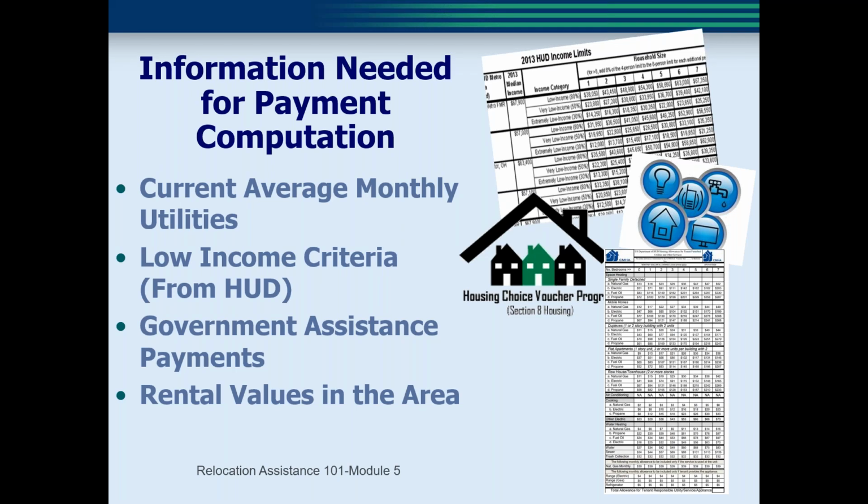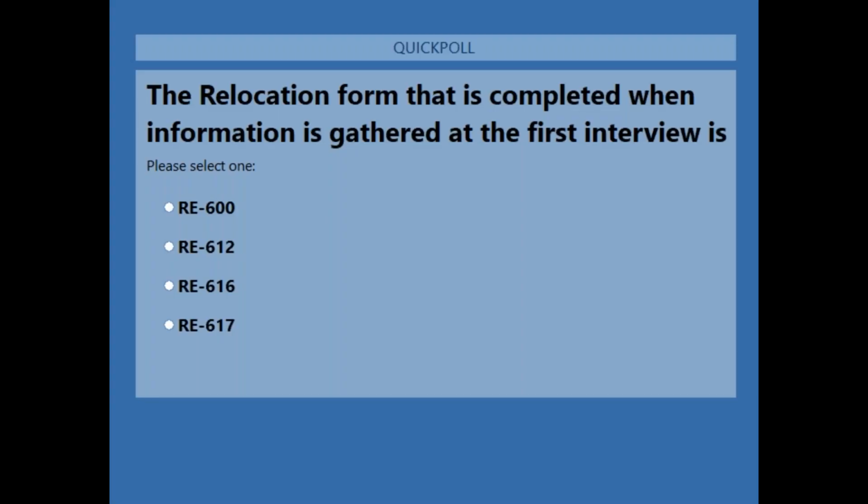So question number 2. The relocation form that is completed when the information is gathered at the first interview is it the RE600, the RE612, RE616, or the RE617?